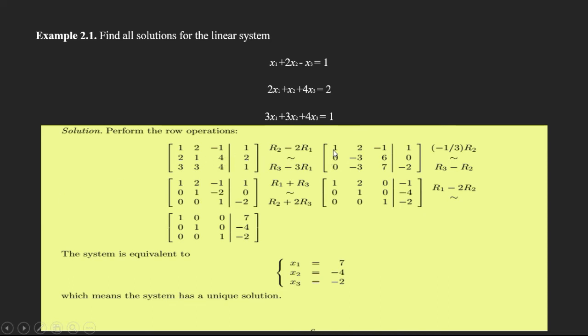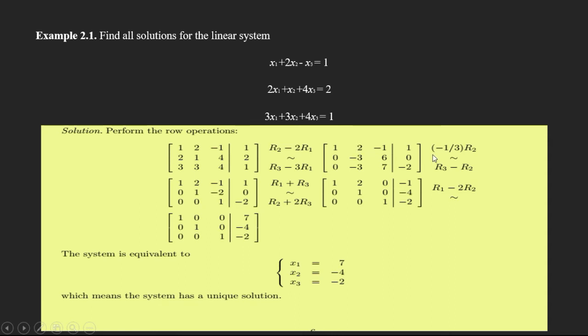After doing this, we have a leading entry in the first row, and below that leading entry all the entries are 0. Coming to the second row, the leading entry is -3, but here we need a +1.